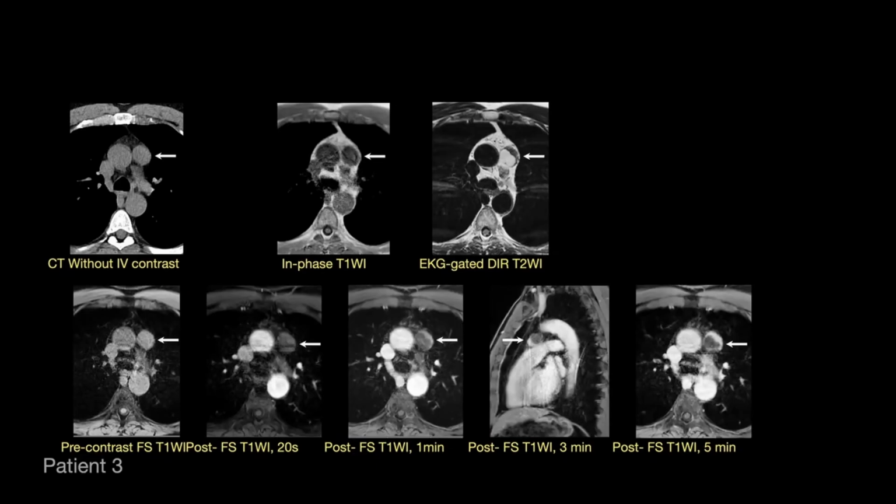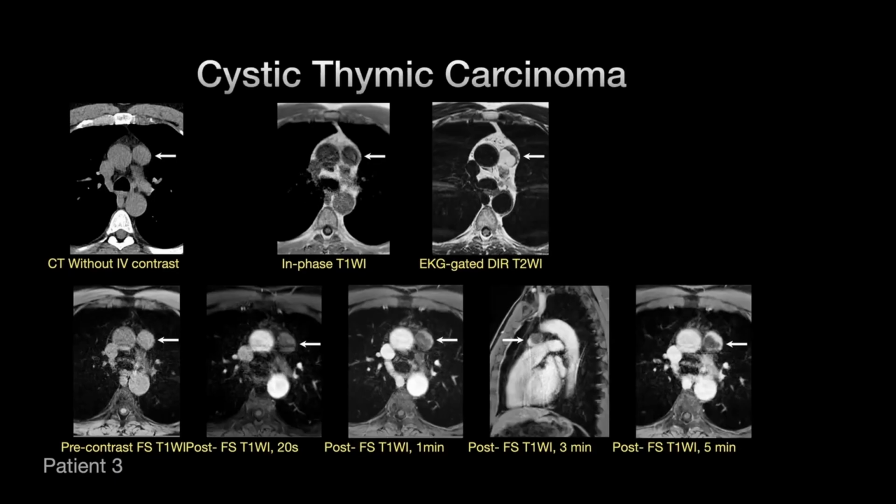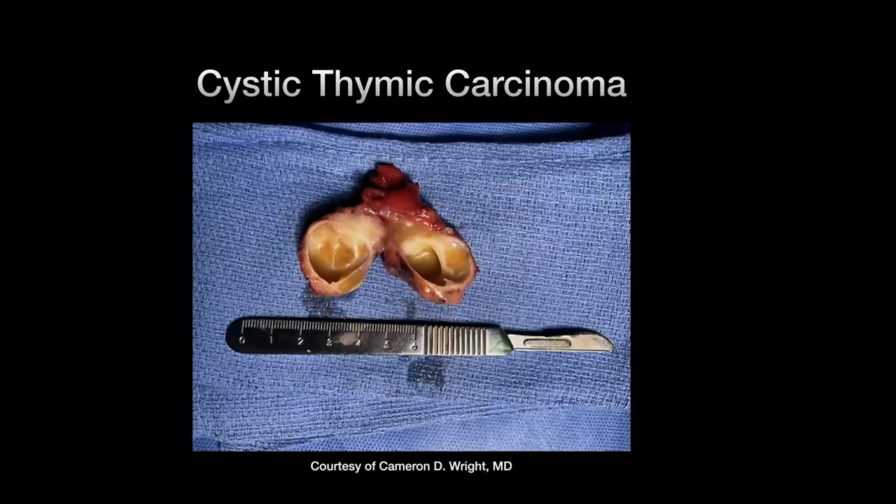So this is a cystic thymic epithelial tumor until proven otherwise, and it turned out to be a cystic thymic carcinoma. So again, we had three thymic nodules on CT, pretty much all looking the same. One was a benign thymic cyst, another was a thymoma, and another was a cystic thymic carcinoma. Here is the latter lesion on the table after surgery.